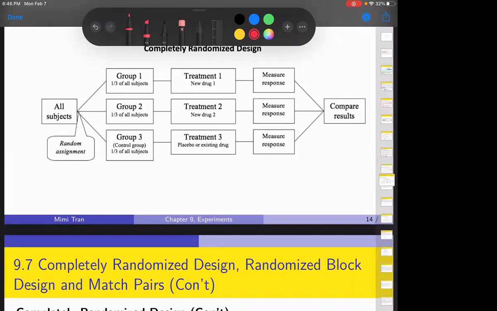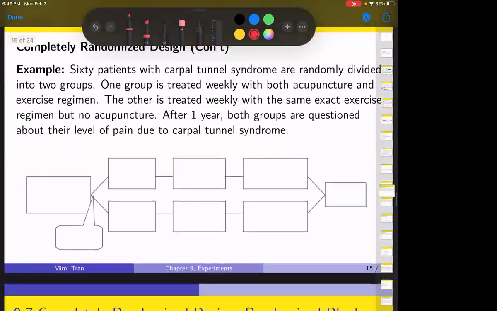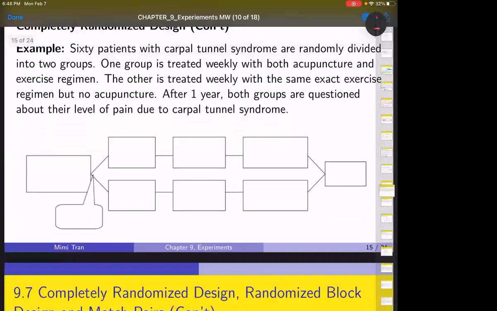Sean, let me know what you got. All subjects, so all 60 patients. Be specific, right? And then this box.